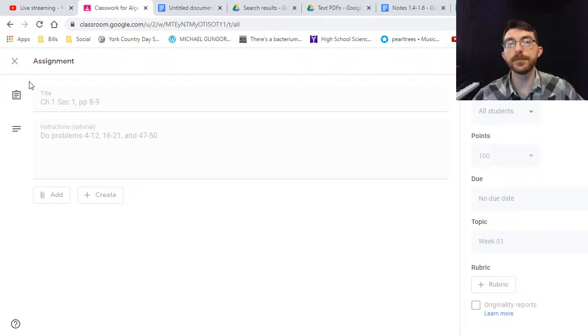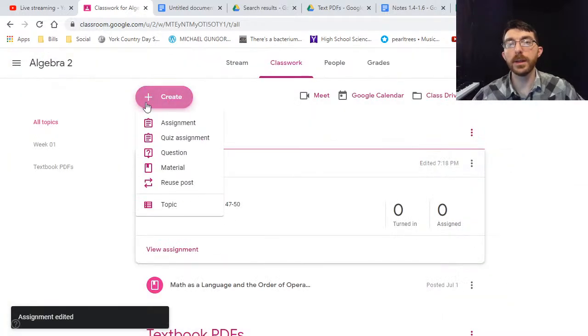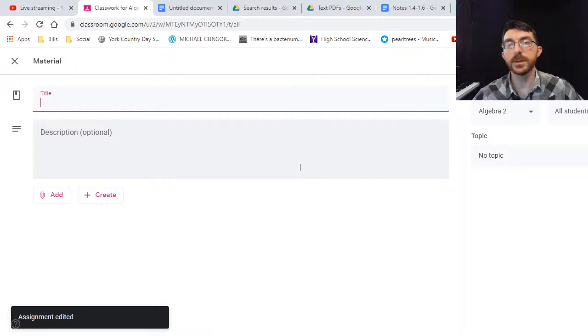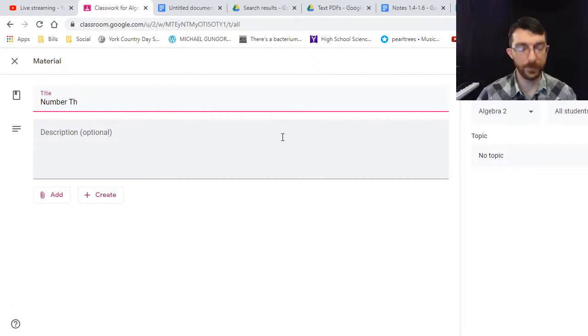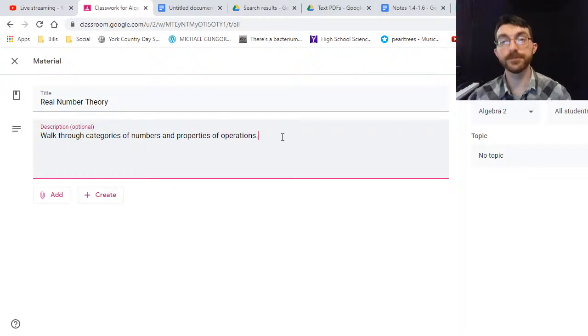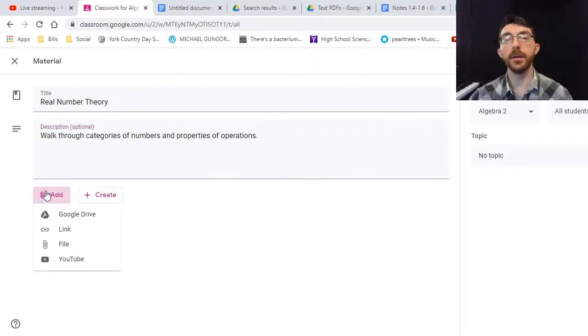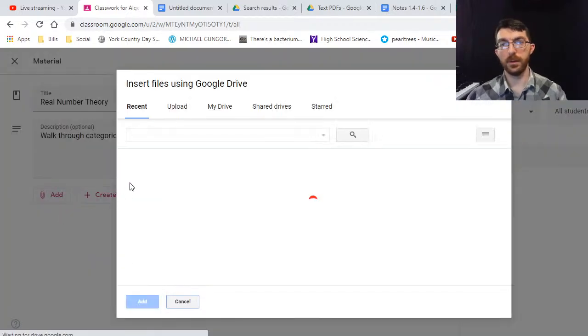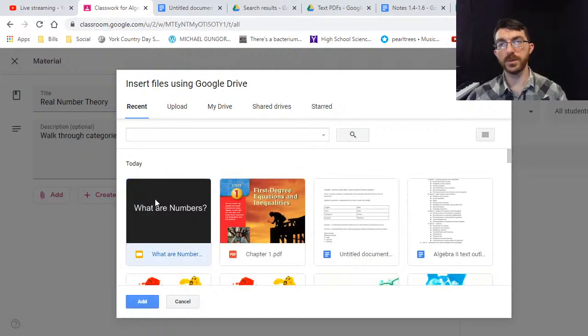There we go. So create material number 3: Real number theory. Walk through categories of numbers and properties of operations. We'll add what are numbers?